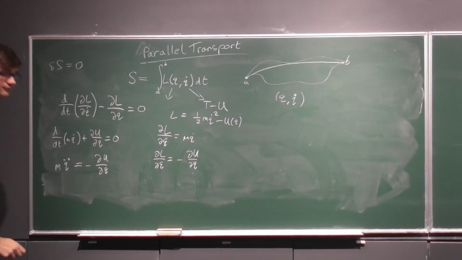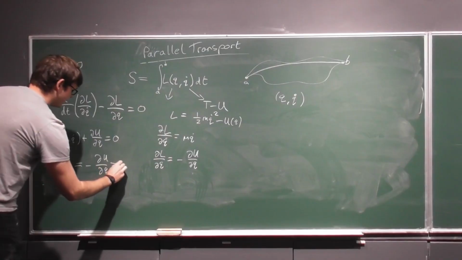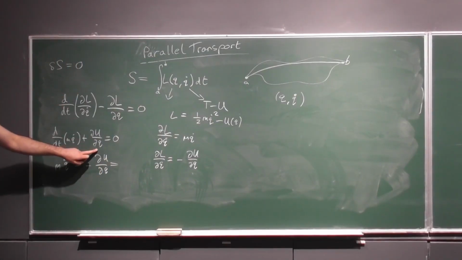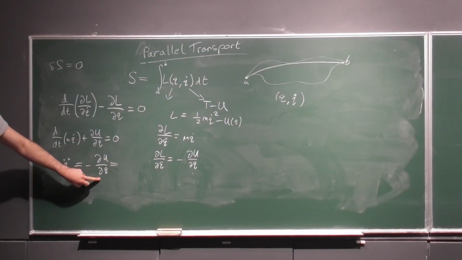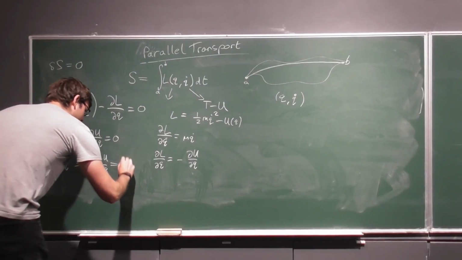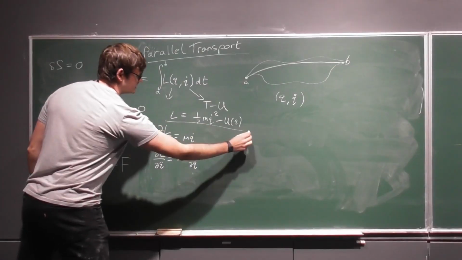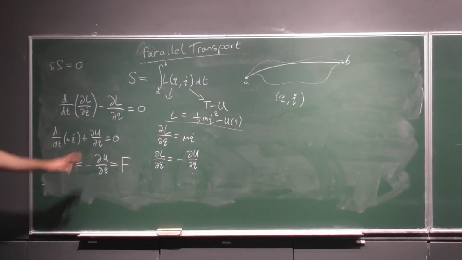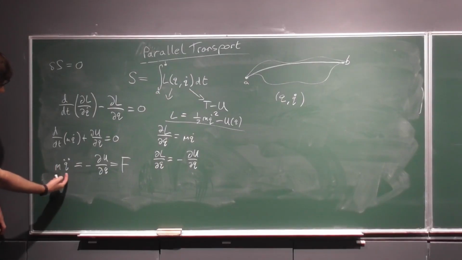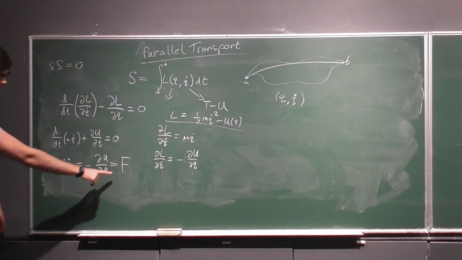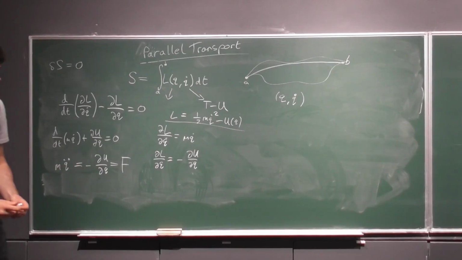Now you may remember from classical mechanics that we can recognize the derivative of the potential with respect to the coordinates. The negative of that is just the force. So what choosing this Lagrangian to integrate over and then extremize for our action gives us back is exactly F equals ma, it gives us back Newton's laws.